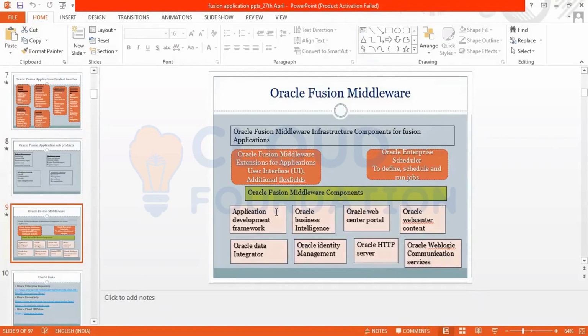Middleware is somewhere between the front end and the back end. So we have Application Development Framework, Oracle BI Publisher, Oracle WebCenter Portal, Oracle WebCenter Content, Oracle Data Integrator, Oracle Identity Management, Oracle HTTP Server, Oracle WebLogic Communication Services. So all these things come under the middleware components.